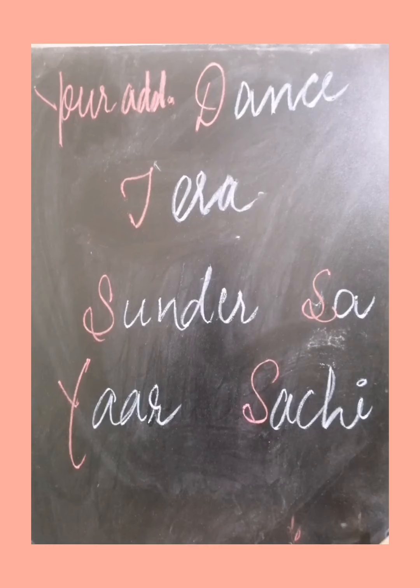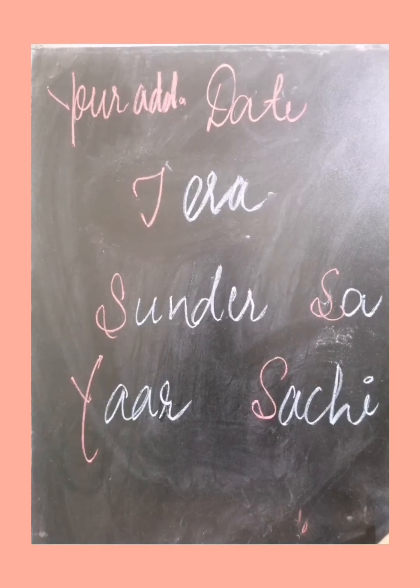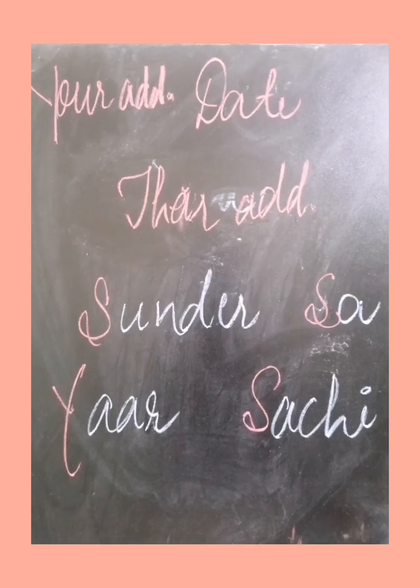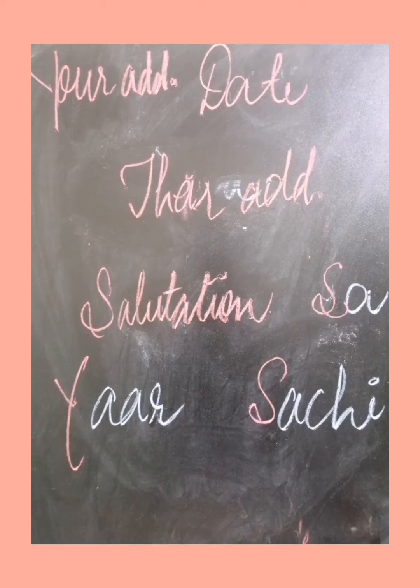So the first word, yaar, that is Y, will be your address. Now D for dance will be date. Now T in the word tera will be their address. Their address is the receiver's address. Now S for sundar will be salutation.